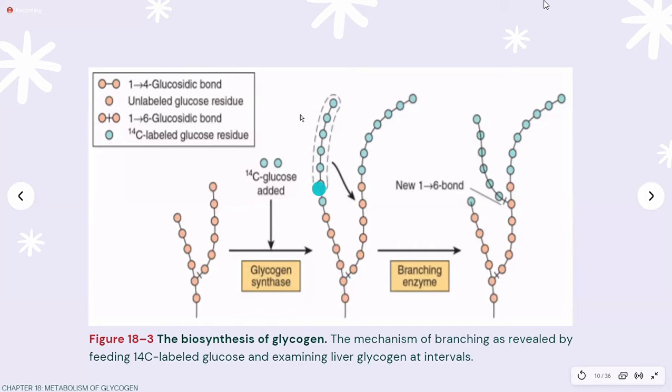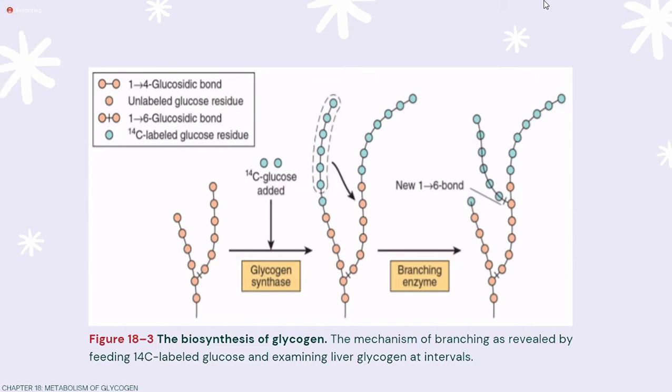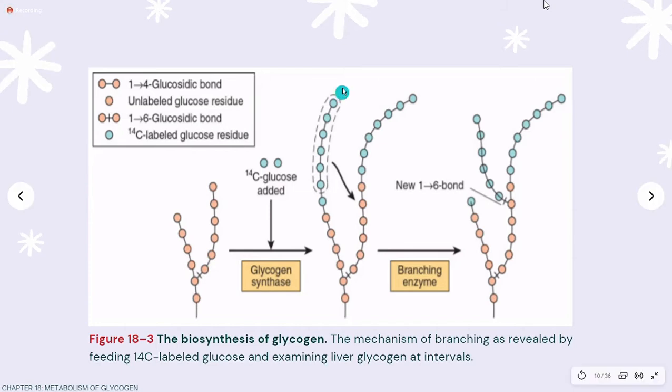then an enzyme takes 6 glucose units starting from here. This is the reducing end. When you say reducing end of your glucose, that is where your C double bond O, that is your C double bond O or your aldehyde. Okay?